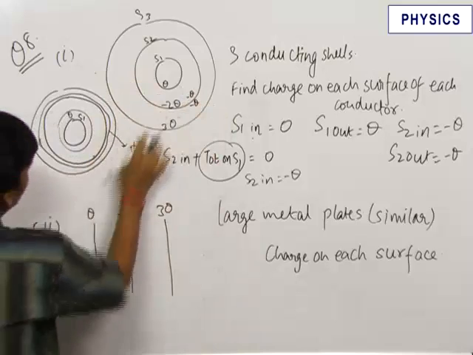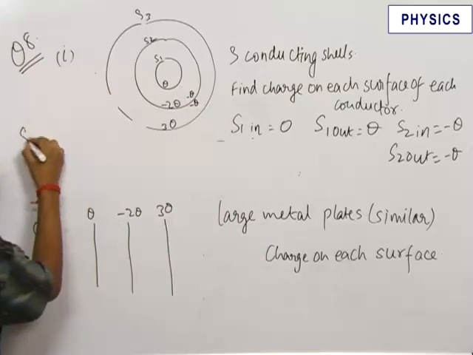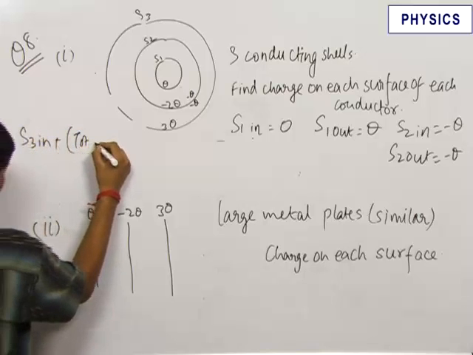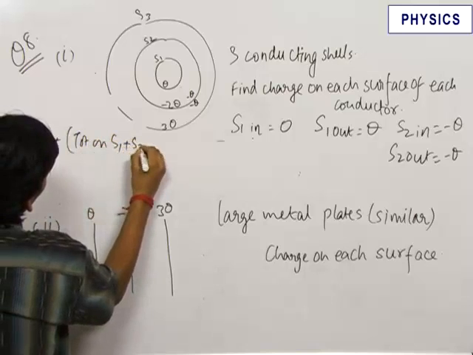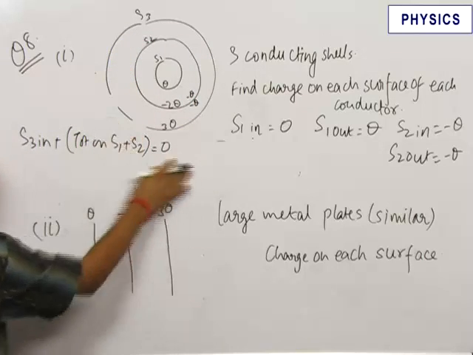Now, by the same logic on S3, S3 in plus the total charge on S1 and S2 will be equal to 0, by drawing a Gaussian surface through the body of S3.